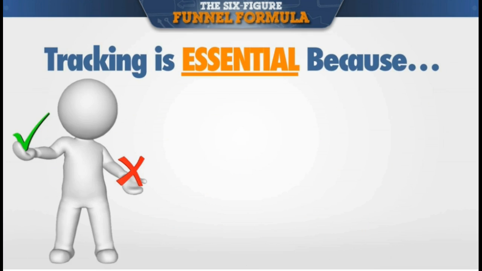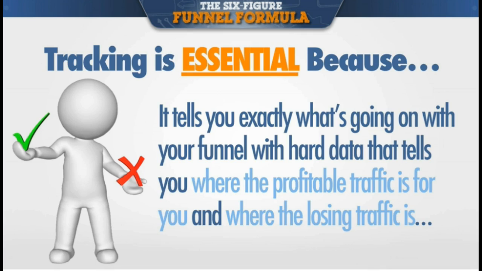Tracking is essential because it tells you exactly what's going on with your funnel with hard data. And it's that data that tells you where the profitable traffic is for you and where the losing traffic is, both of which are essential when you're ready to pump more prospects into your funnel for more sales.